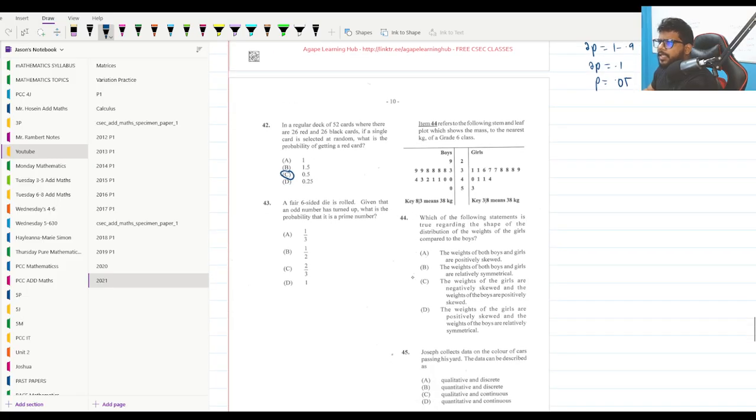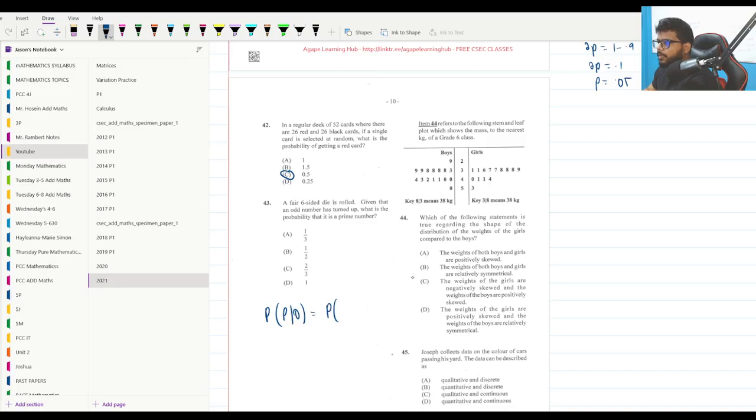A fair 6-sided die is rolled. Given that an odd number has turned up, what's the probability that it is a prime number? So given that an odd number turned up, this sounding like conditional probability. So we want the probability that the number is prime given that it is an odd number.